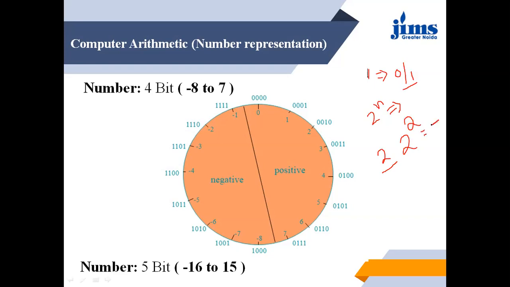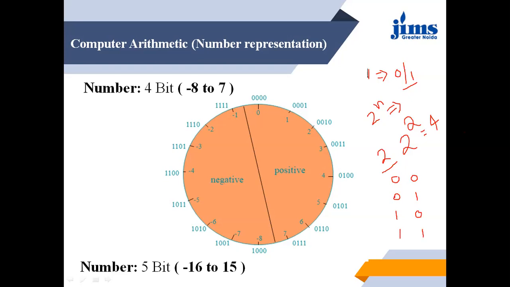So we can make 4 combinations, and we know these are 00, 01, 10, and 11. These are the 4 different possibilities when we have 2 bits to store the number.